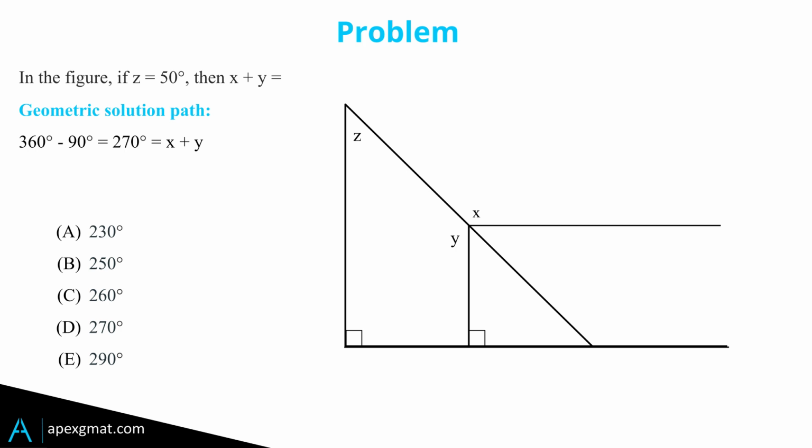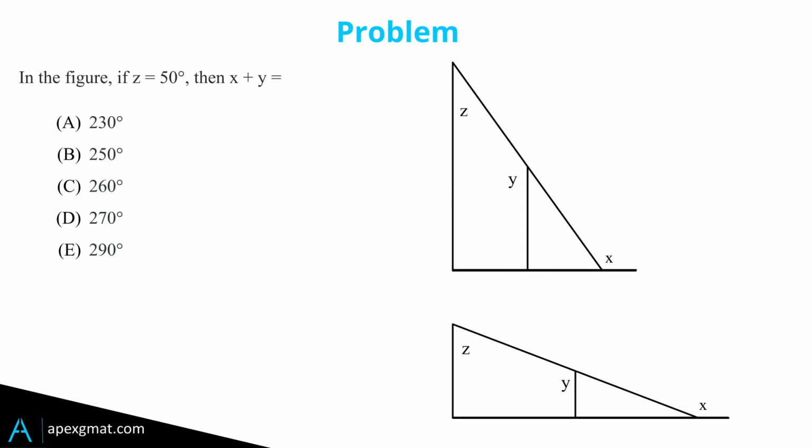What's going to happen there is we're going to see that we have 270 degrees in that combination of x and y, and that it leaves a right triangle of 90 that we can take away from 360 again to reach the 270. Here the 50 is irrelevant, and watch these two graphic scenarios to understand why.